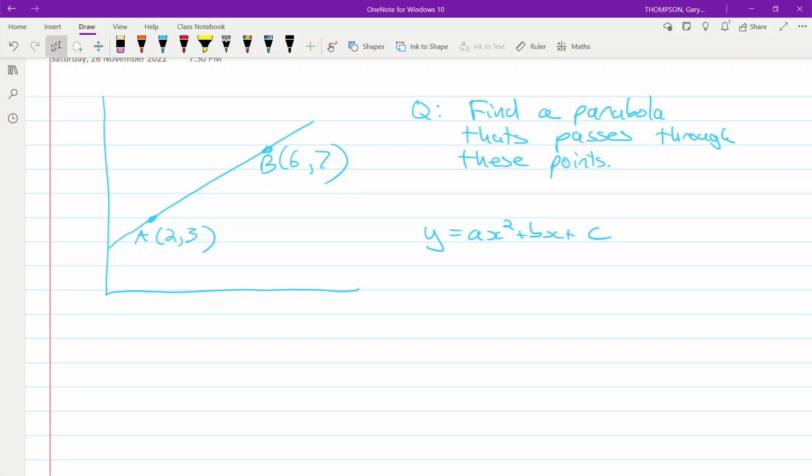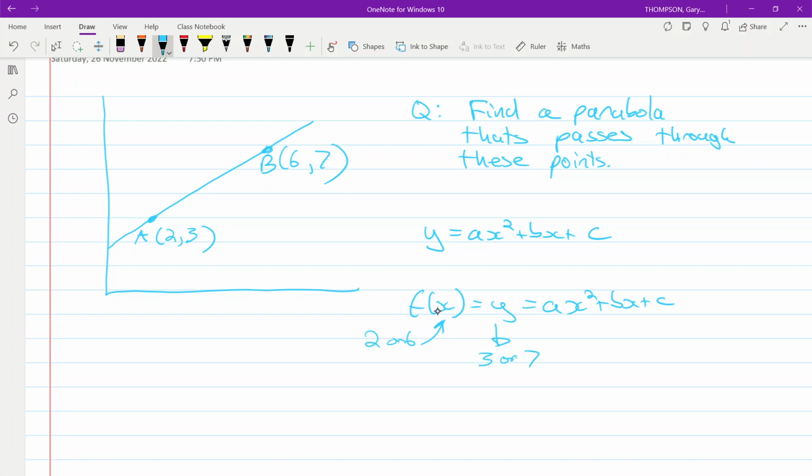So I've got a function here. Think of it this way. I have a function of x, which is equal to y, which is equal to ax squared plus bx plus c. And I want to ensure that for specific values of x, in this case x is 2 or 6, I get specific responses for y, which is 3 or 7.